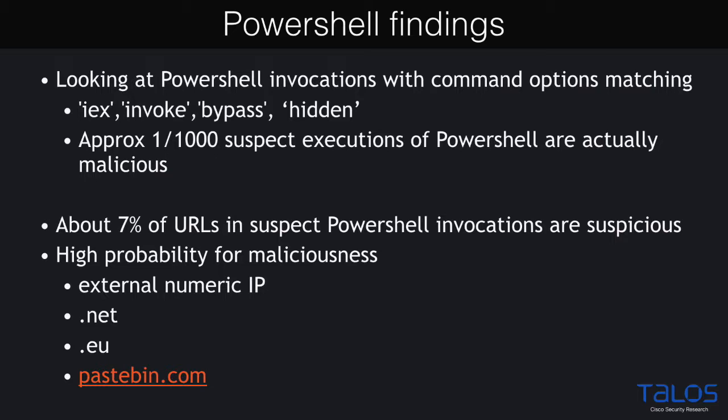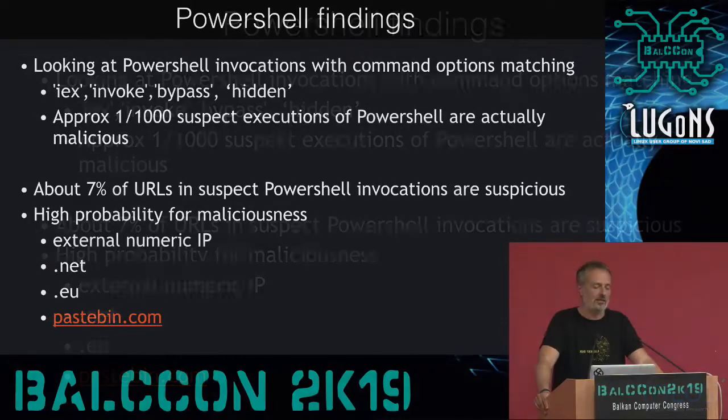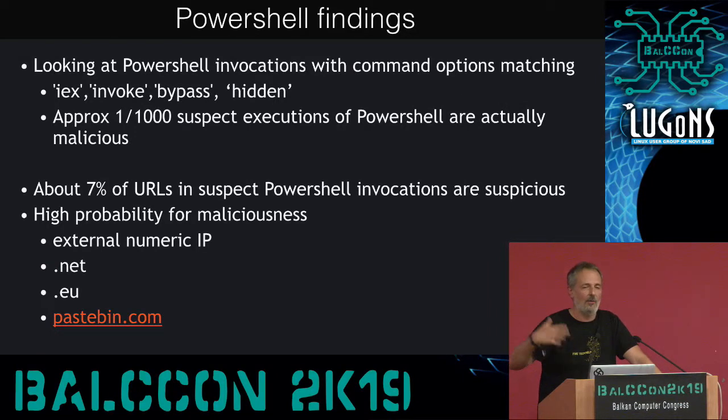So I looked at those particular four with PowerShell. And once I had that list of PowerShell executions, about 2 million every day, I could find those more interesting ones.